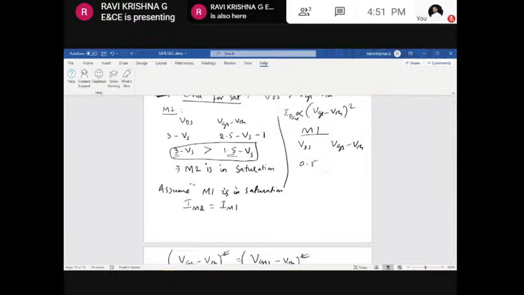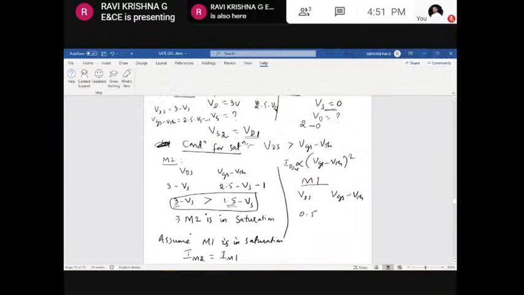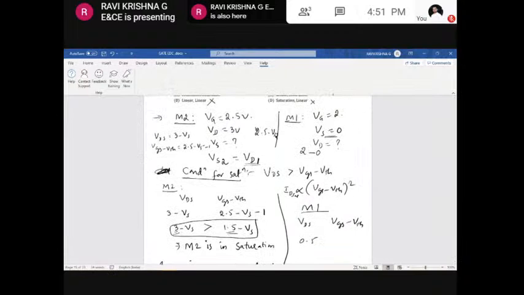If we substitute 0.5 here, and VGS is equal to 2 volts, 2 minus 1 is 1. Is this VDS greater than VGS minus VTH? Is 0.5 greater than 1? Definitely it is not possible, which means whatever we assumed here is not correct.